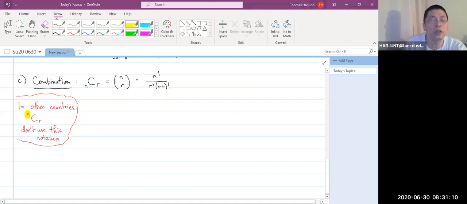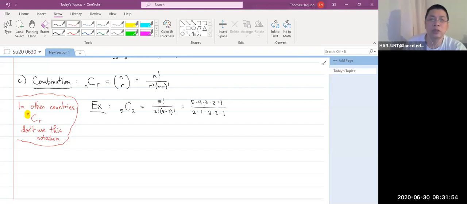Okay, now, what does this NCR mean? For example, if I have 5 combination 2, formula-wise, that will be 5 factorial over 2 factorial times 5 minus 2 factorial, which is 5 times 4 times 3 times 2 times 1 over 2 factorial, 2 times 1, and then 5 minus 2 is 3, factorial is 3 times 2 times 1.